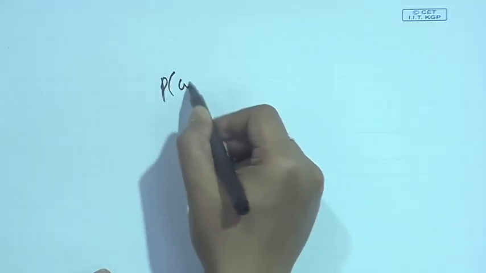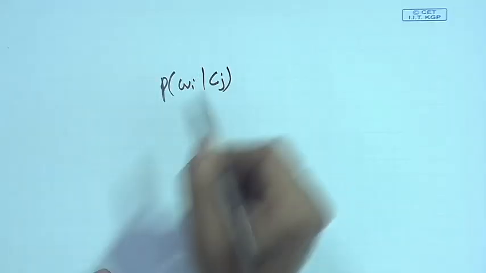So what can be one problem with this approach, with only taking these probabilities as such? Assume that in the training data all the classes occur at least once, so the prior probability of a class will not be 0. But what about the term probability of wi given cj?